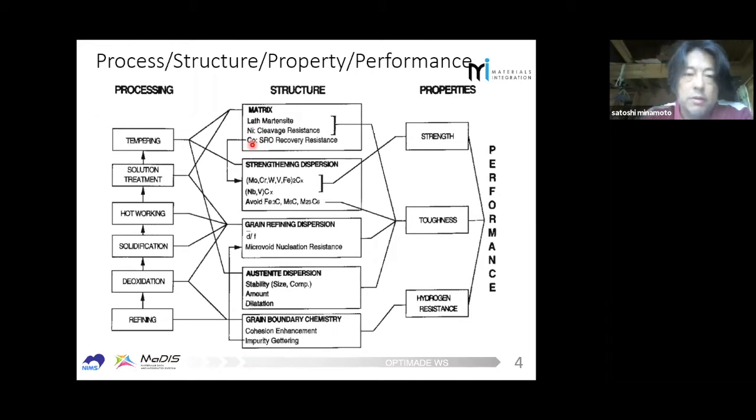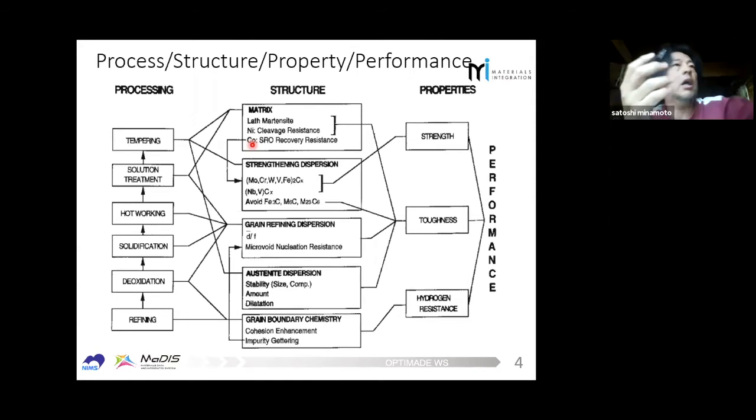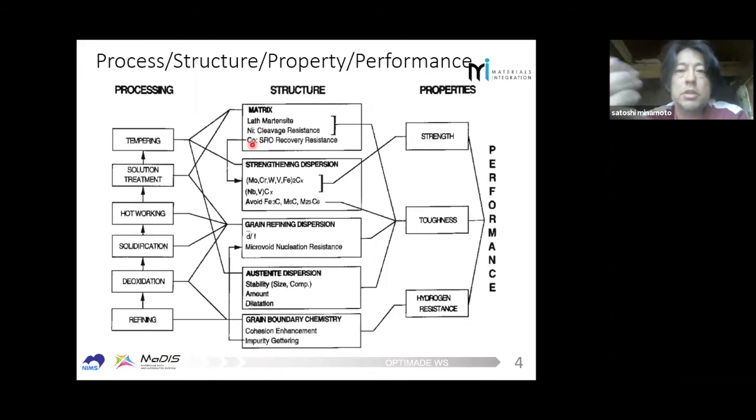Based on this diagram, people sometimes give different definitions of process, structure, or properties. However, we define them as follows. The process is something that people can determine as they want, for example, the alloy composition is determined by the researchers or experimenters.